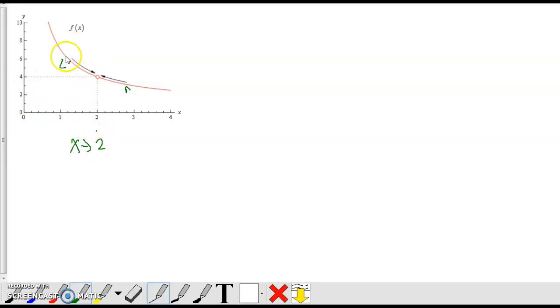As I get closer and closer, it's 6 up here, then it's 5 here, then it's probably 4 point something, 4.0001 maybe on that side. Here it's 2, and then 2.5, and then 3, and then 3.99999. And so what we're noticing is it's getting closer and closer to 4.